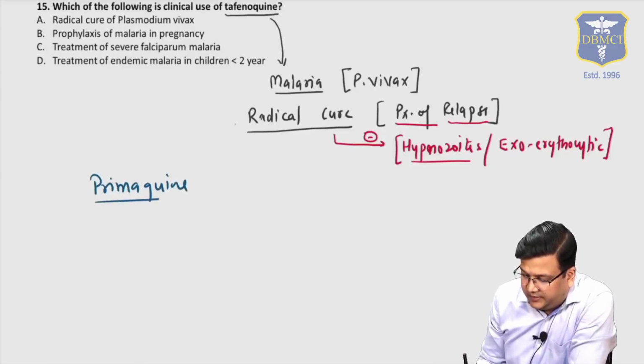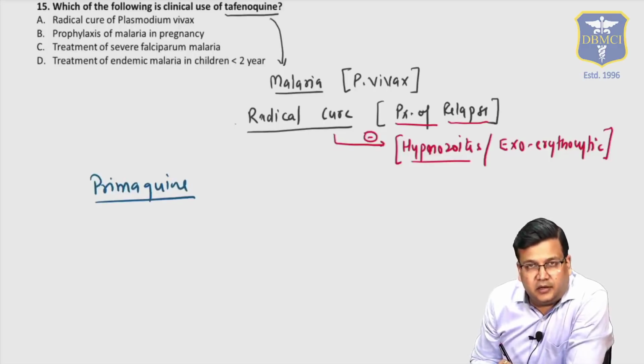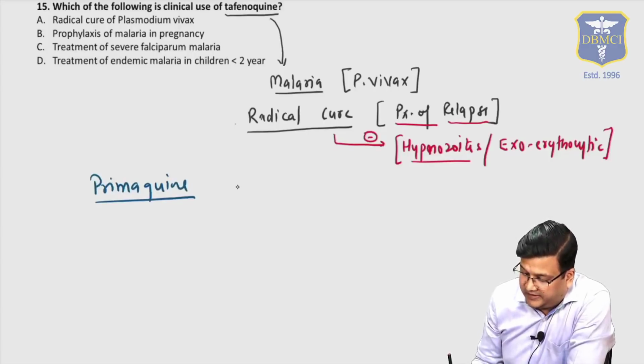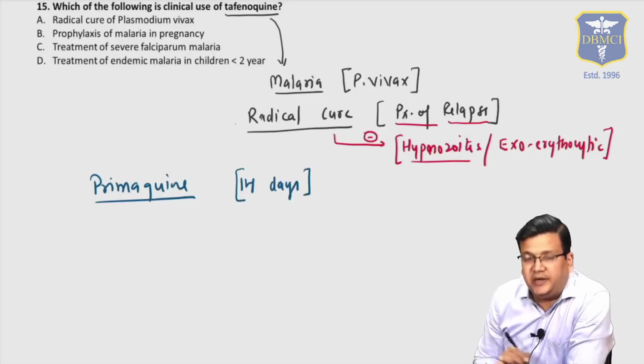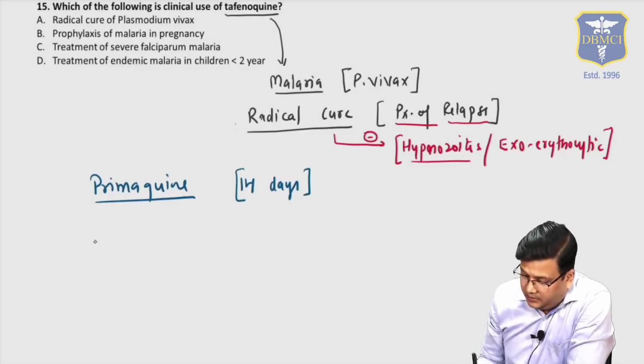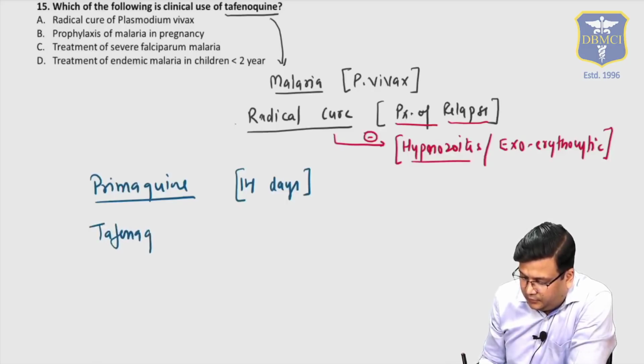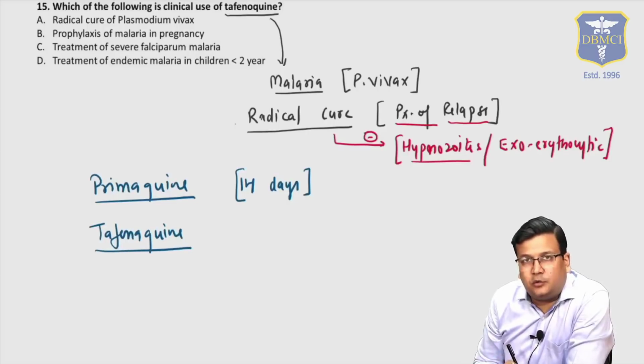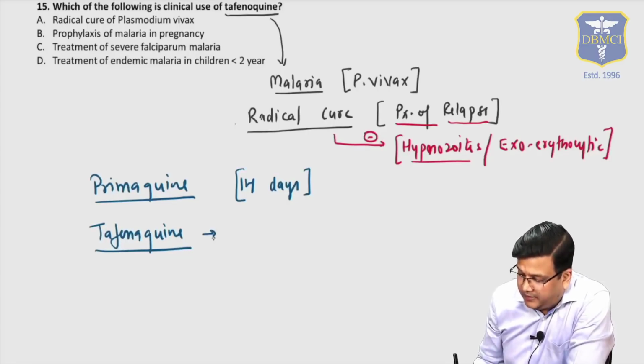So primaquine is the standard radical cure, and primaquine is given for 14 days. So 14-day treatment of primaquine is given for radical cure of vivax as of now. Now we have this new drug known as tafenoquine. The drug has a mechanism similar to primaquine, but this drug has a much longer half-life.